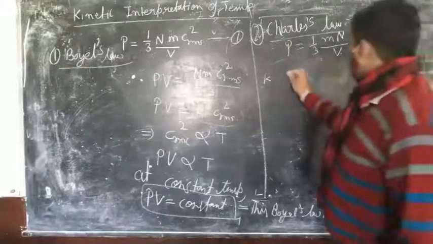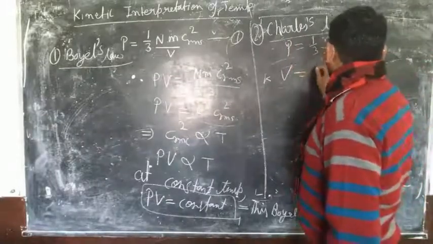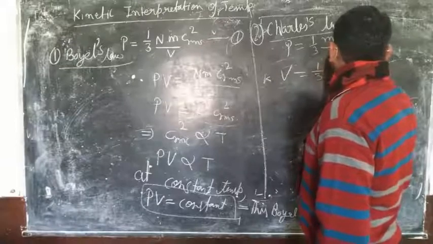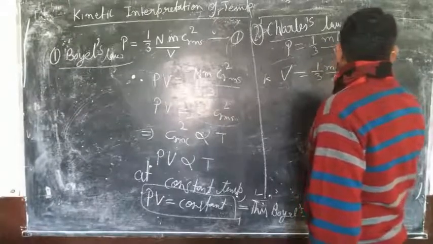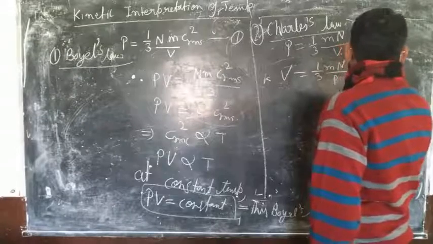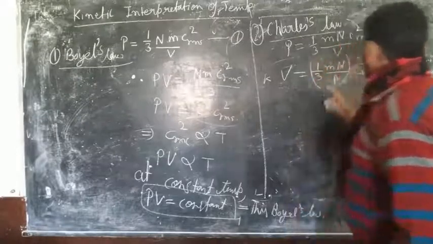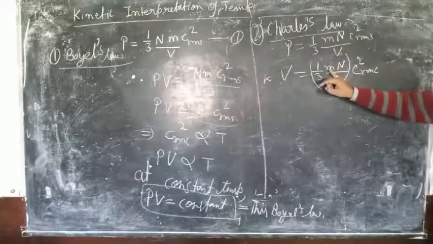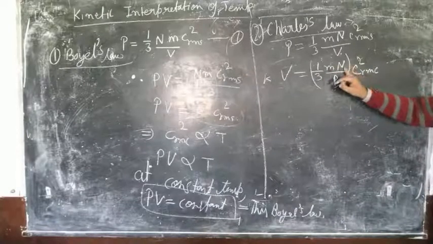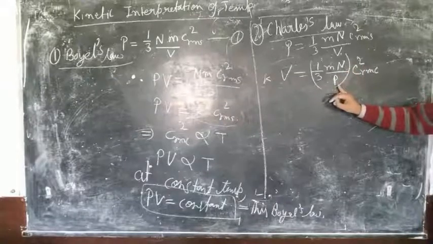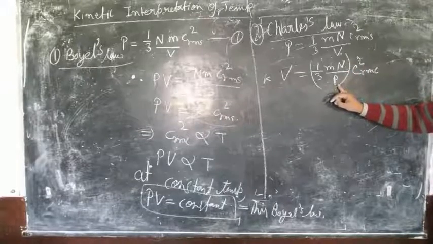So what you get from here is V is equal to 1 by 3 m N CRMS square upon P. Now here m is mass and N is the number of molecules.